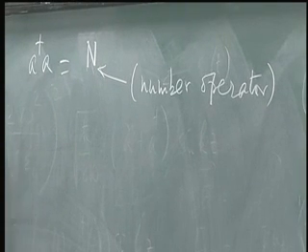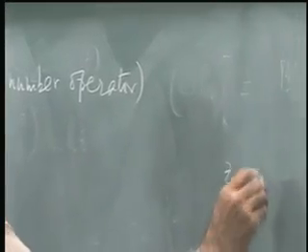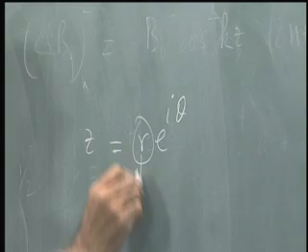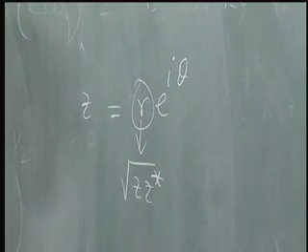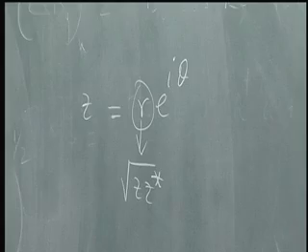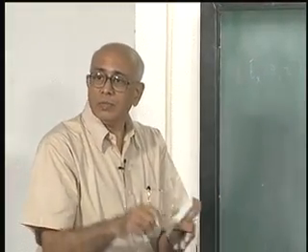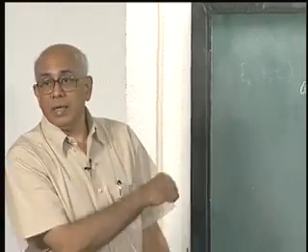So just as I take a complex number z and write this as r e to the i theta, where r is really the square root of z z star, the modulus, in exactly the same way, instead of z I have a, instead of z star I have a dagger, and I have this combination mod z squared, which is really a dagger a, that is a Hermitian combination.